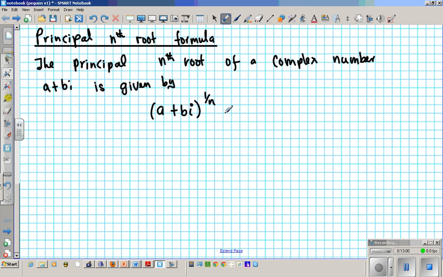That's going to be equal to the complex number in polar form, which is r times cosine theta plus i sine theta, raised to 1 over n. So in this case, this is what the formula is going to be.